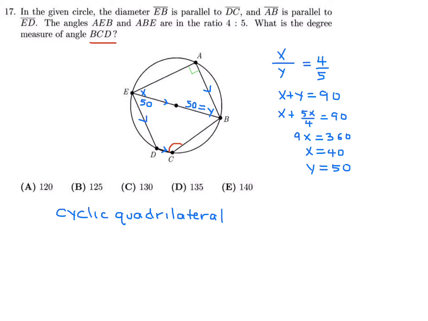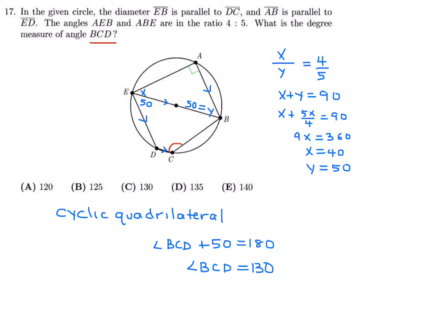And the property in a cyclic quadrilateral is that opposite angles add up to 180. So this angle and this angle add up to 180. So that means that angle BCD and 50 add up to 180 degrees. So that means BCD is equal to 130.